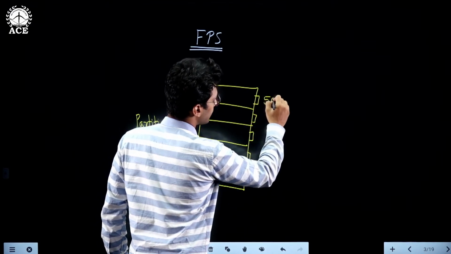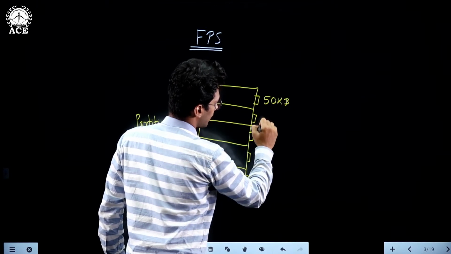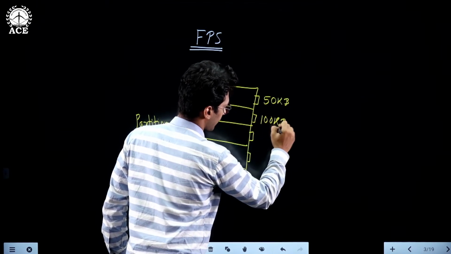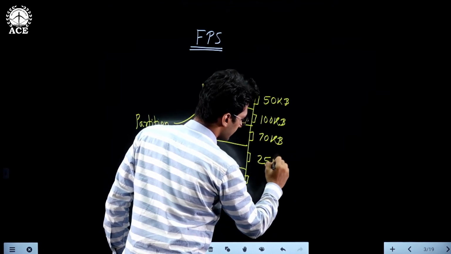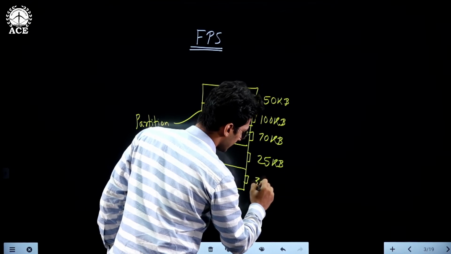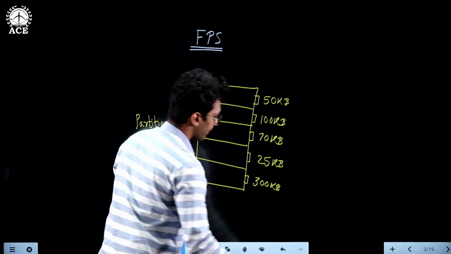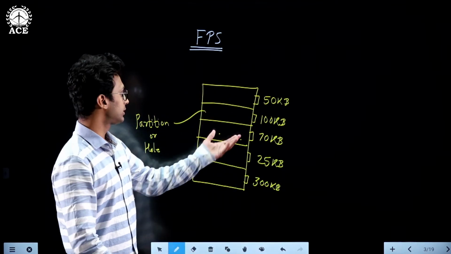Let's say 50 kb, 100 kb, 70 kb, 25 kb, 300 kb, something like this. There might be processes inside this, isn't it?